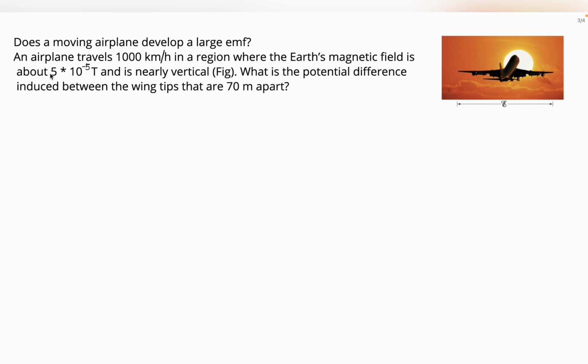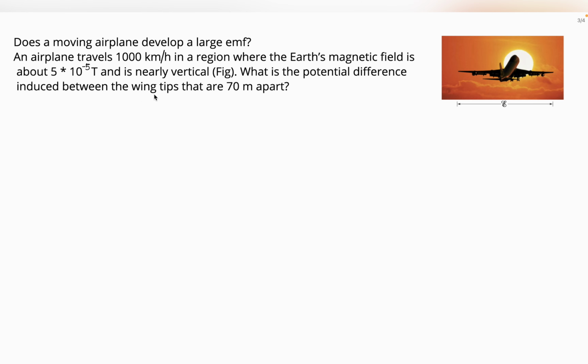Let us just check. So here an airplane travels at 1000 kilometers per hour in a region where the Earth's magnetic field is about 5 times 10 power minus 5 Tesla and is nearly vertical. So here we are assuming that the magnetic field where the airplane is flying is vertical to the wings, right?